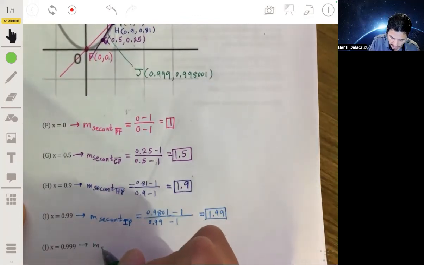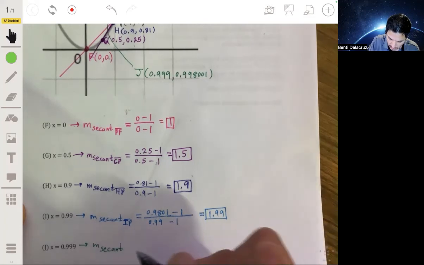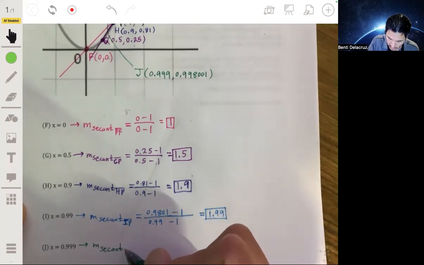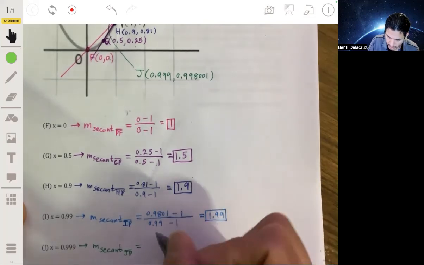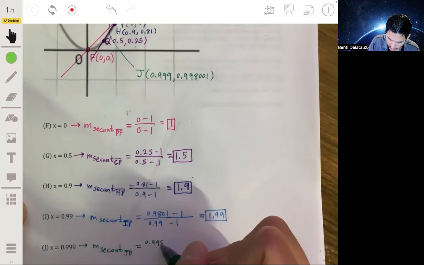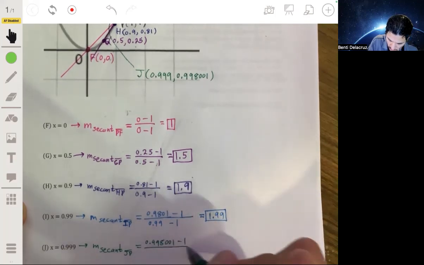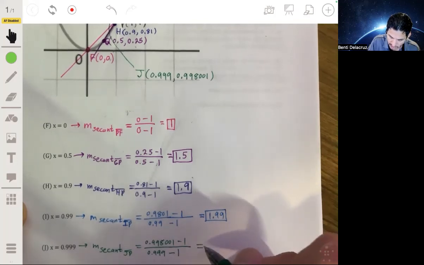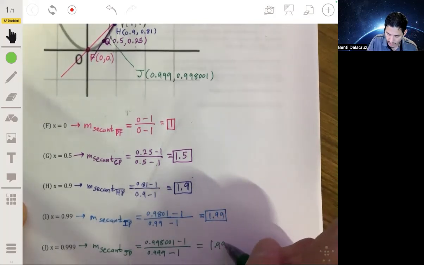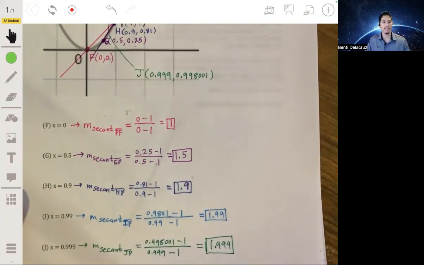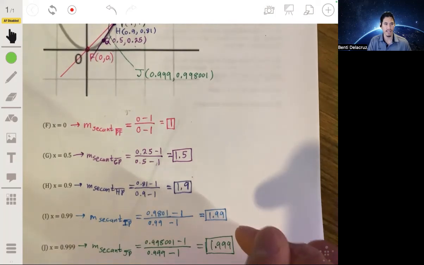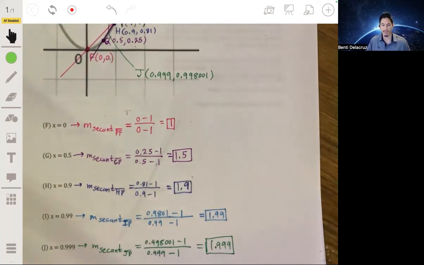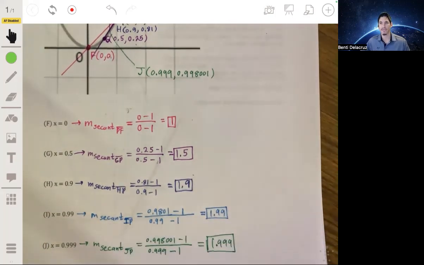And so the slope of this secant line would be 0.998001 minus 1 over 0.999 minus 1, and we end up getting 1.999. So you can see that these values are actually increasing and getting very, very close to 2, as the x value gets very, very close to 1.